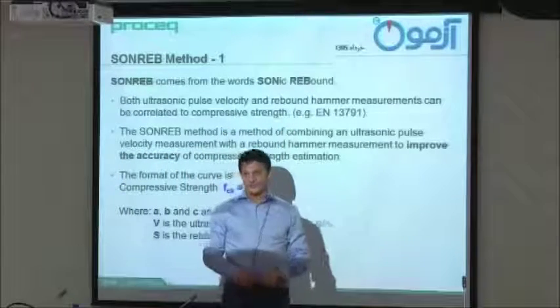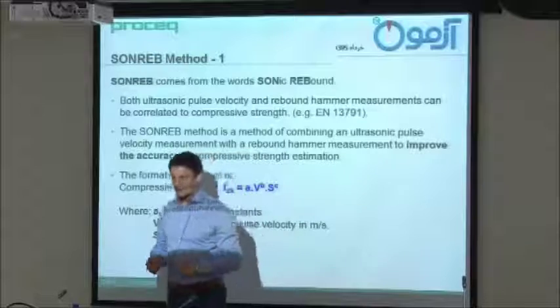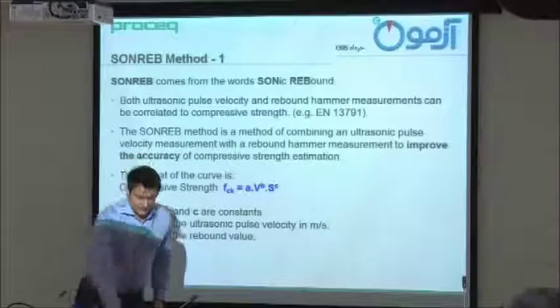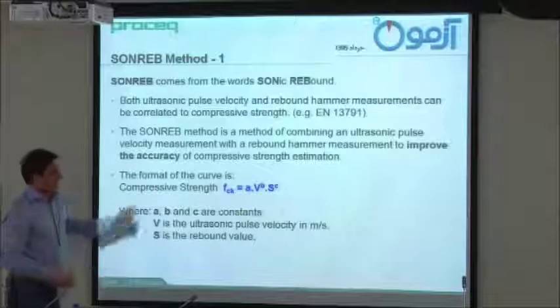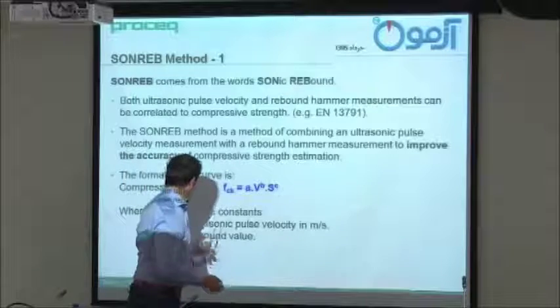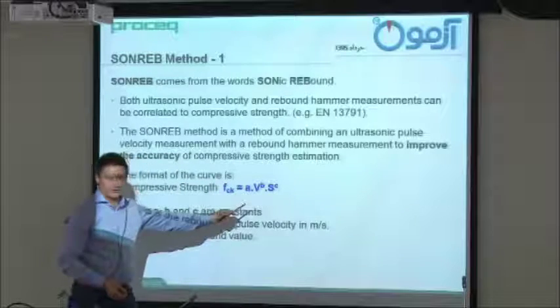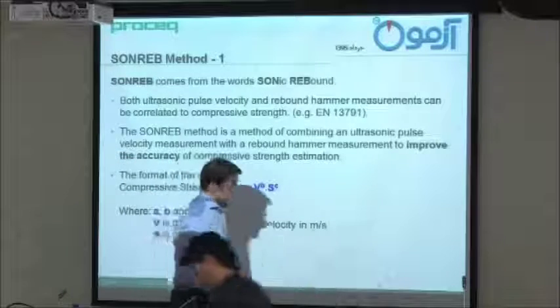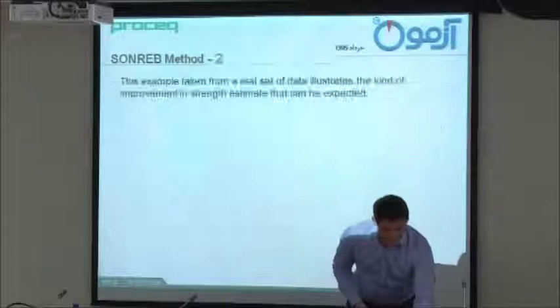REP is standing for rebound. That's why it's called SONREP. It's a combination of a test with the Schmidt hammer and a test with ultrasonic. You have this formula, what you can key in on the ultrasonic device, and then you get the numbers. I will show you.